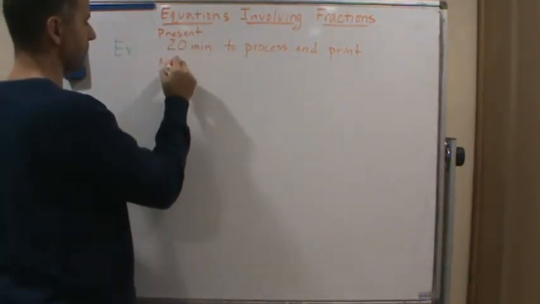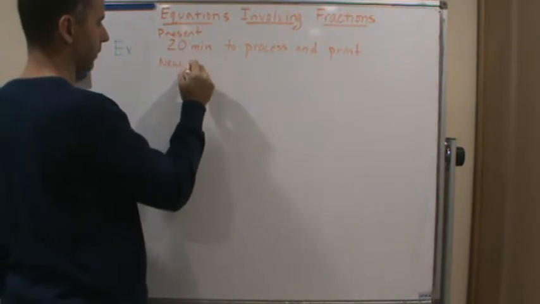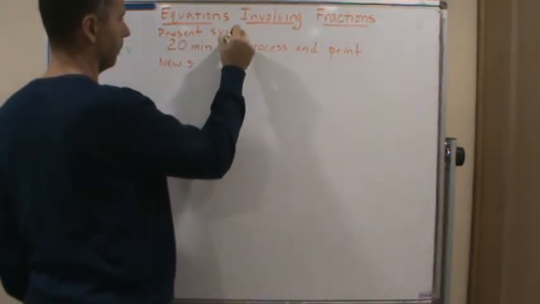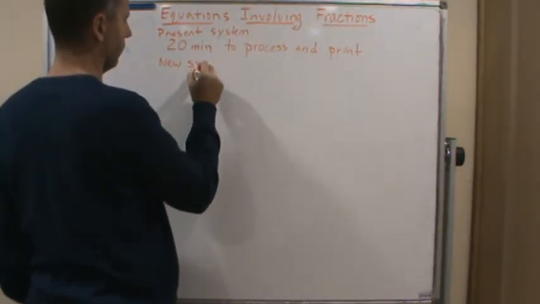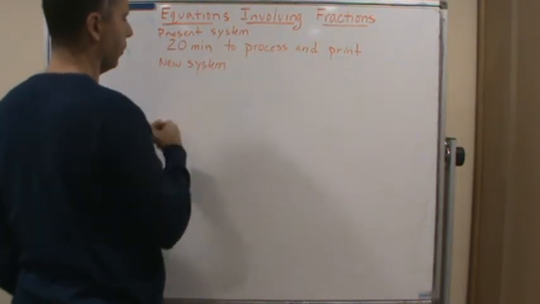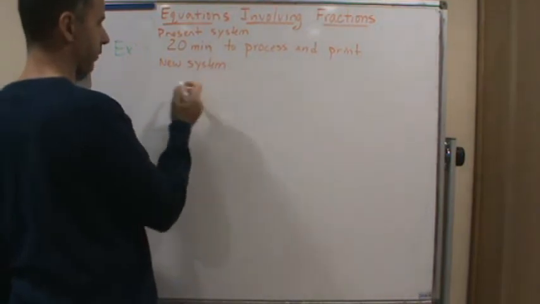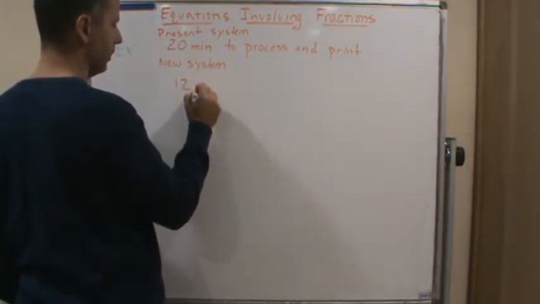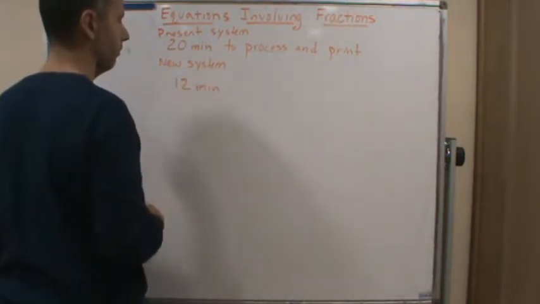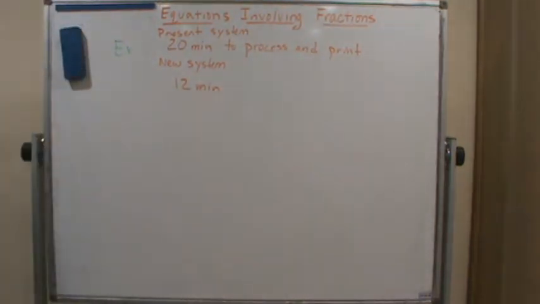The new system alone, right? So what does that tell me? The new system all by itself can process and print the information in 12 minutes. Okay? By itself.